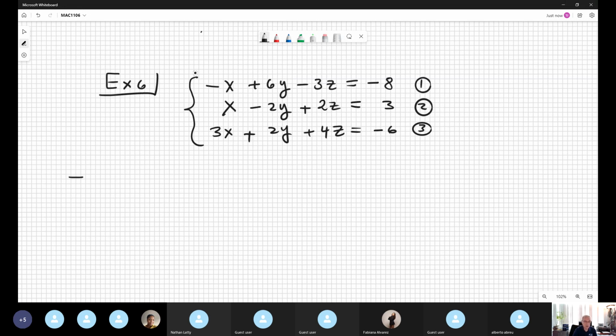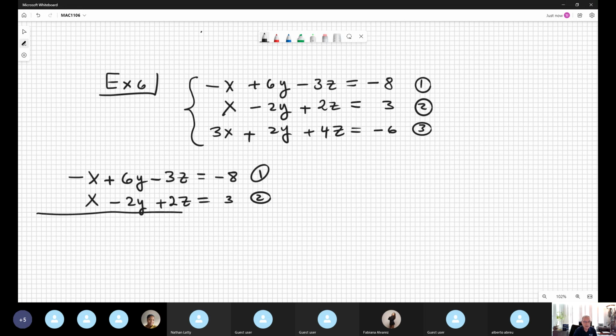So I copy equation 1 and equation 2. Why do I copy 2? Because I see clearly that at least the x is possible to eliminate.